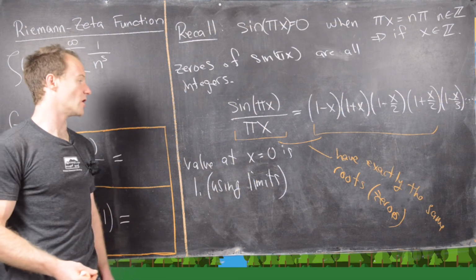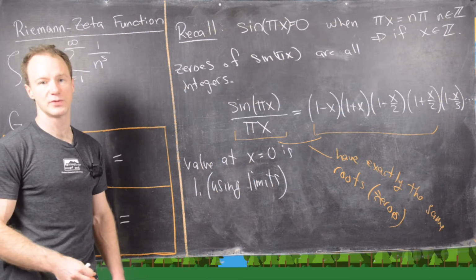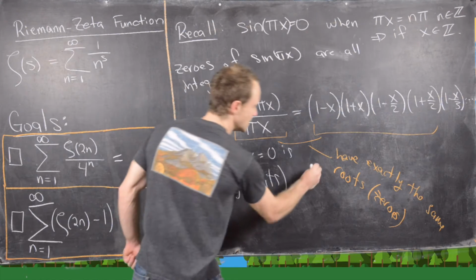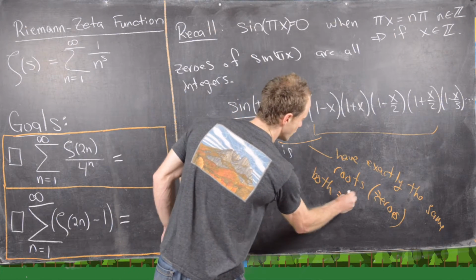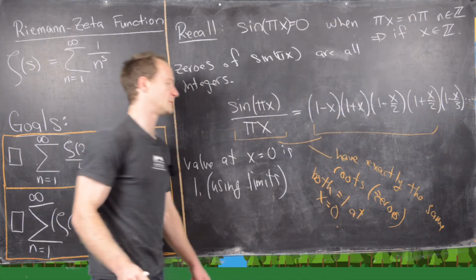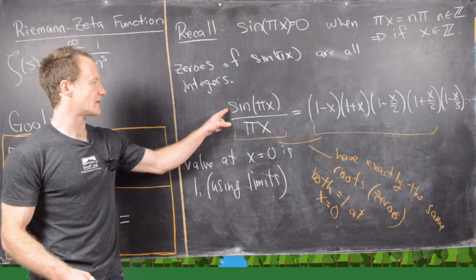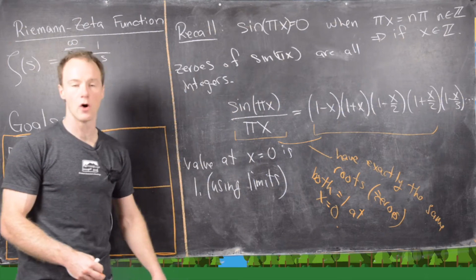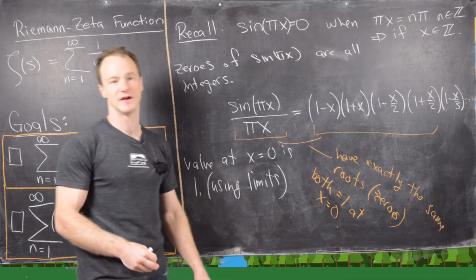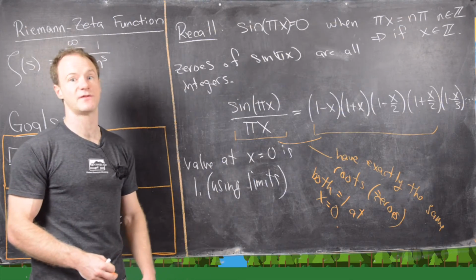And also notice that they both equal 1 at x equals 0. Essentially, that is the argument to show that the infinite product formula for sine pi x over pi x is given by this. Okay, so I'm going to clean up the board and then we're going to simplify this a little bit.